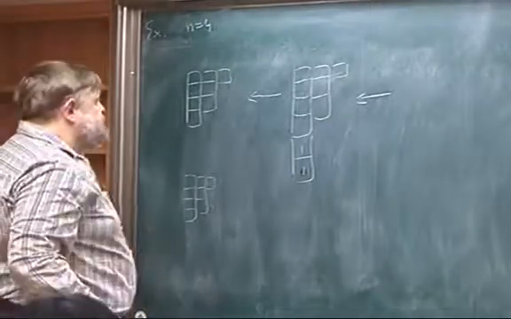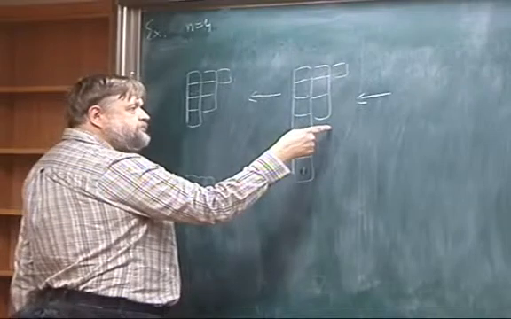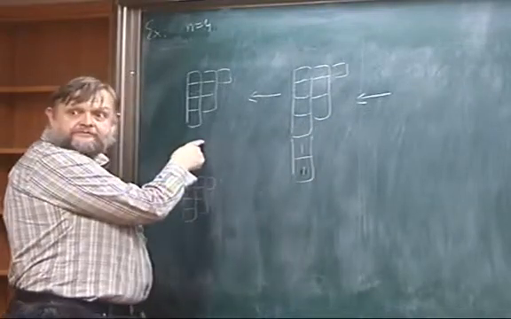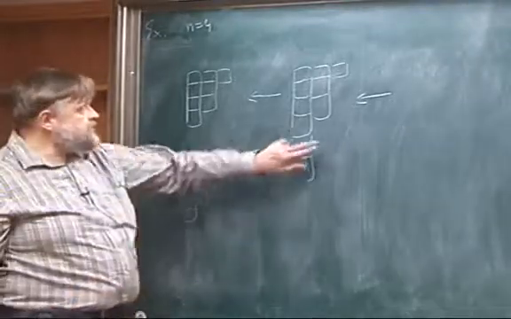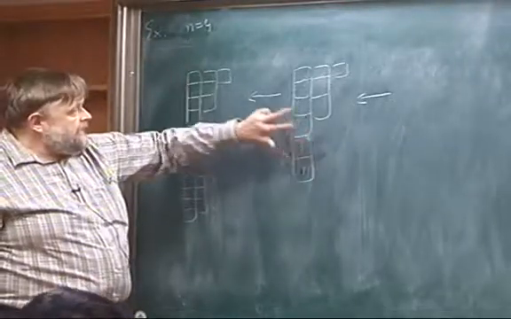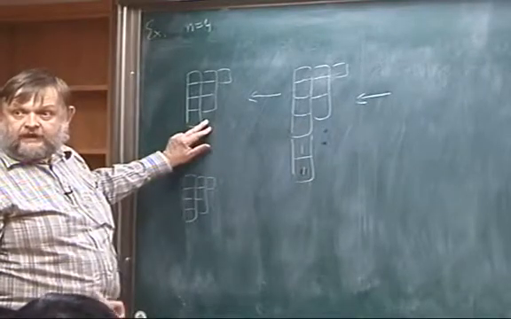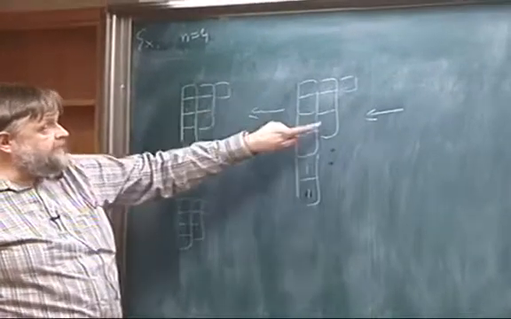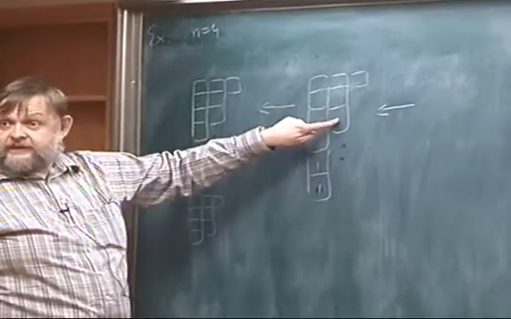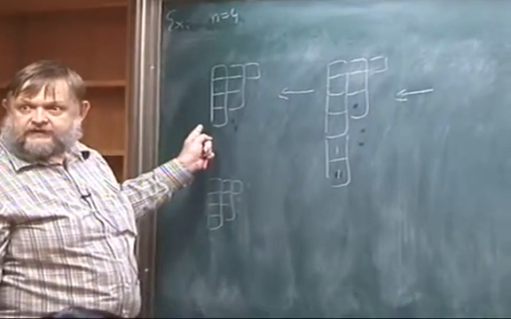Okay. So now I would like to see which partitions would be in the kernel of that map going into here. This will be, of course, the representations that occur here but do not occur here. So such representations will correspond to the partitions that you can obtain from here by adding a vertical strip, but you cannot obtain them from here by adding a vertical strip.